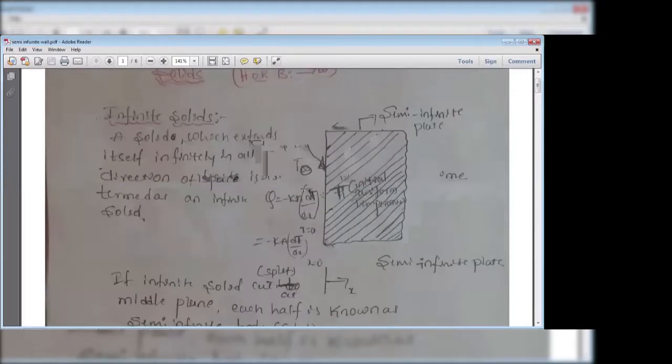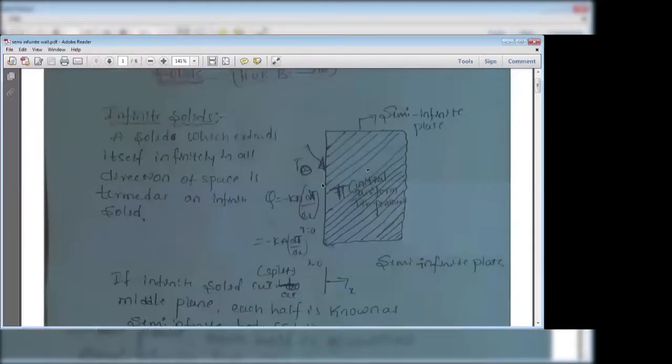Because this is a semi-infinite solid, once again I am explaining: T naught is the surface temperature and Ti is the initial temperature. Initially it is an infinite wall or infinite plate. If an infinite plate is cut into two sections, each becomes a semi-infinite plate.